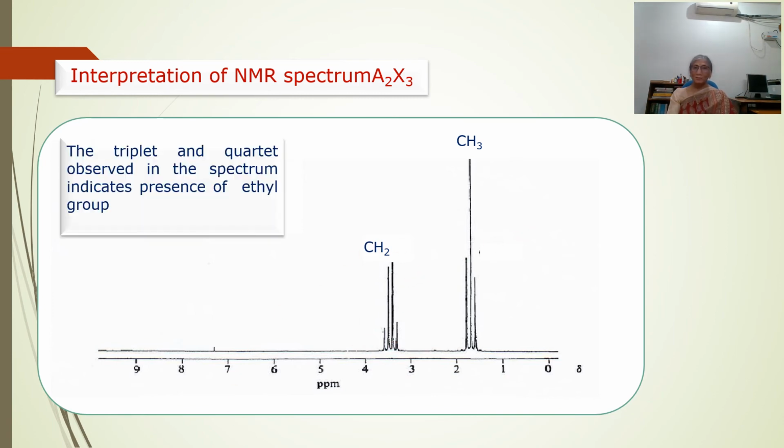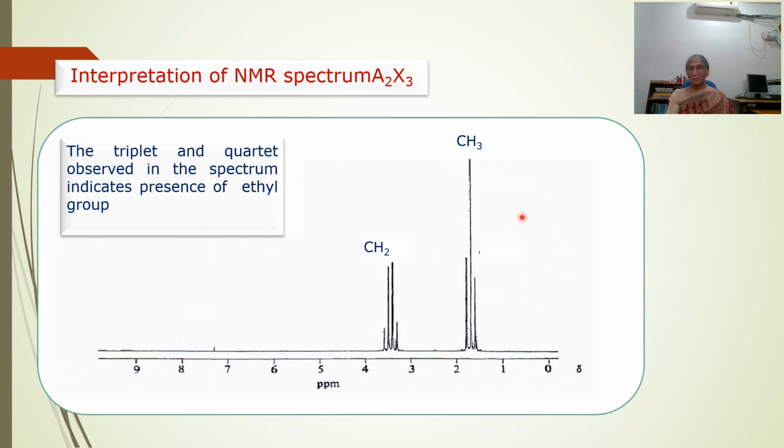So by this we can predict the presence of an ethyl group. Observe one more characteristic of this spectrum, that inner peaks are larger than the outer peaks. In a quartet, we have seen that the intensity of the peaks will be 1:3:3:1.